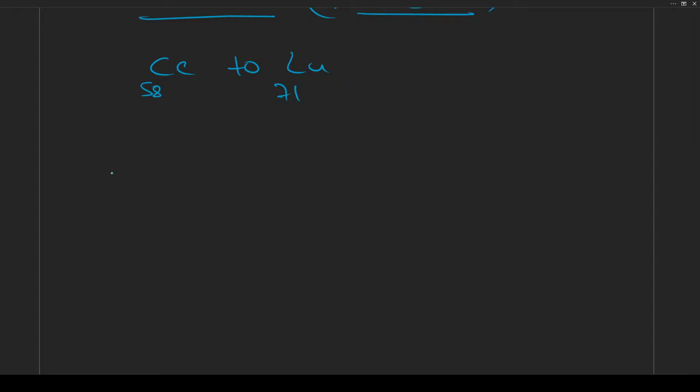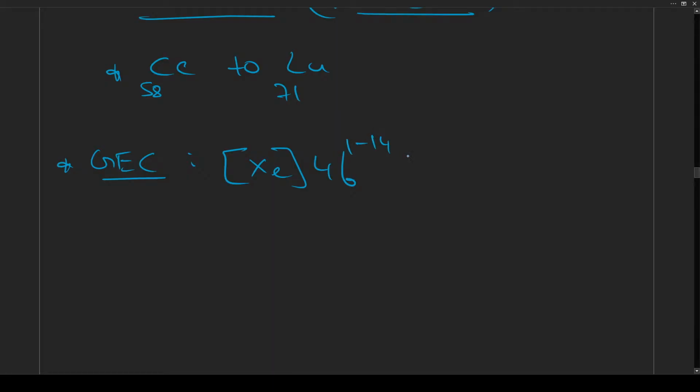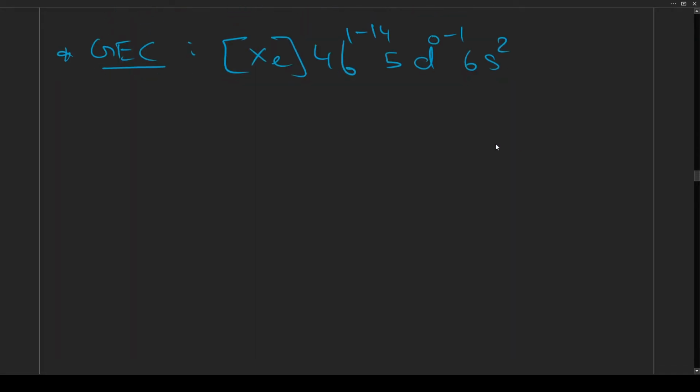The general electronic configuration is xenon 4f1 to 14, 5d0 to 1, 6s2. This is the general electronic configuration.